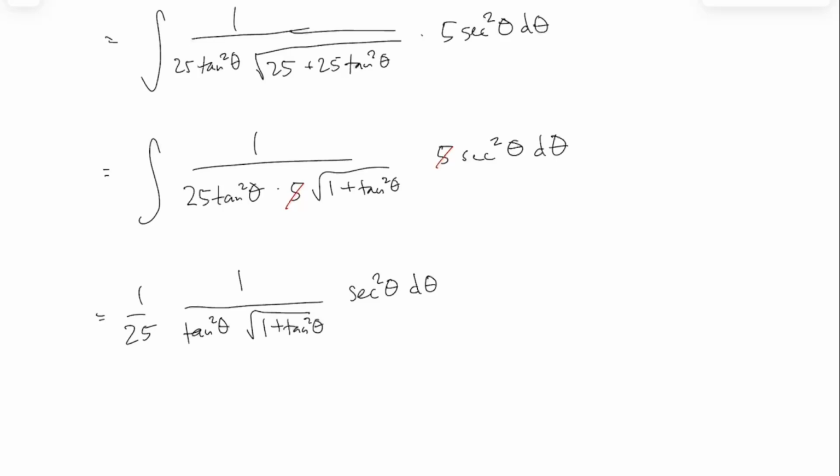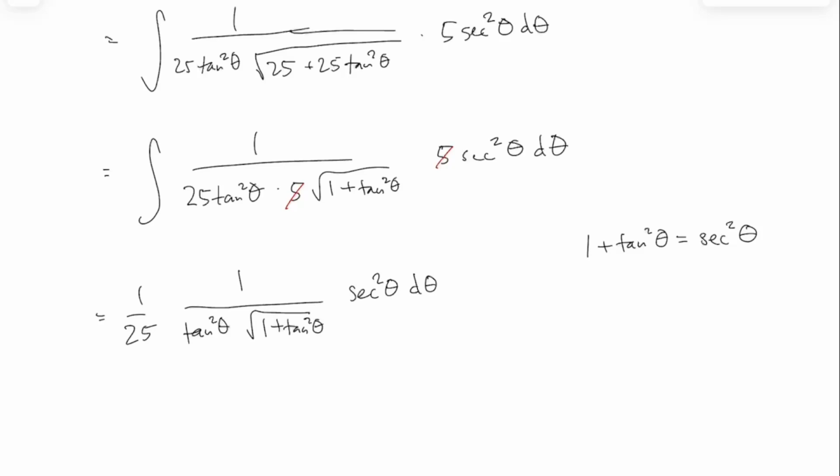And what is the point of all this? 1 plus tan squared. The point of this is 1 plus tan squared. This is another trig identity. This is secant squared theta. This is the identity that goes along with cosine squared plus sine squared equals 1: 1 plus tan squared equals secant squared.